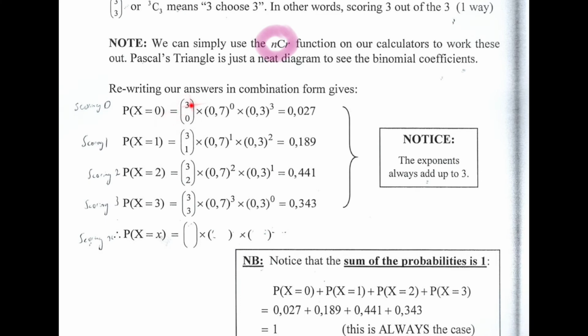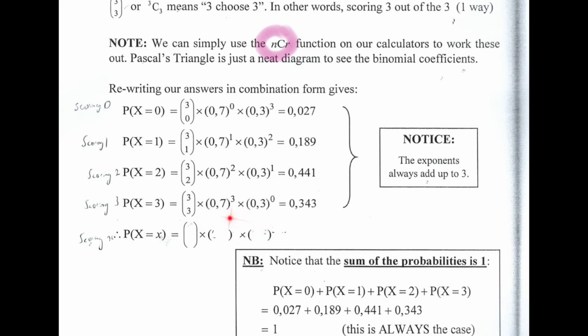There are 3. So 3 trials, but she scores 0 times, will always be 3 over 0, or 3 choose 0. That remains the same. If she scores once, then this represents 3 choose 1, in other words, scoring 1 out of 3 shots. If she scores twice, that's 3 choose 2. And if she scores 3, that's 3 choose 3.